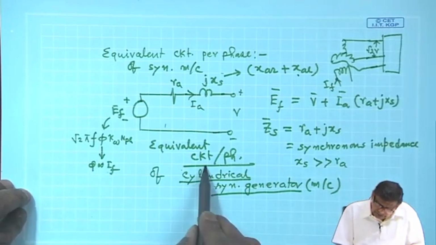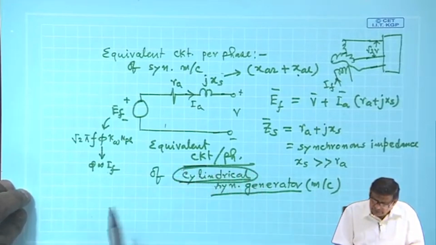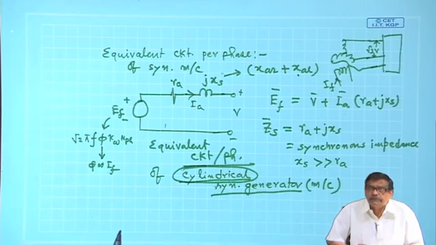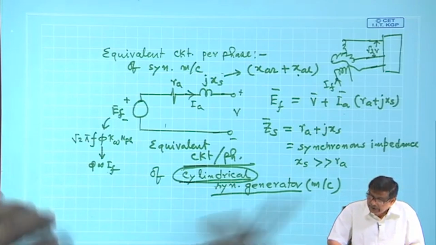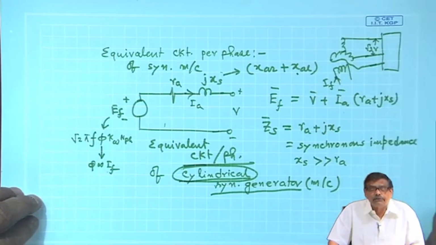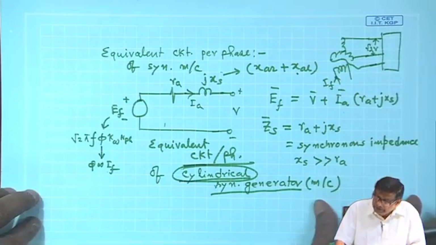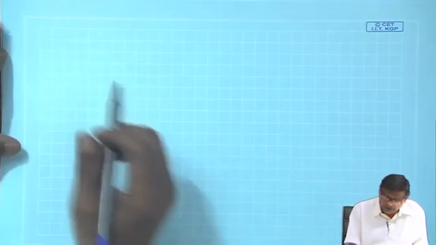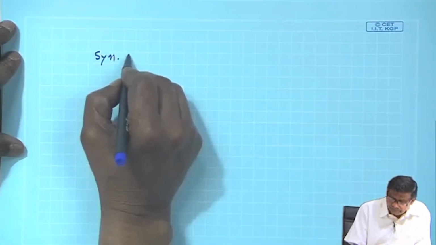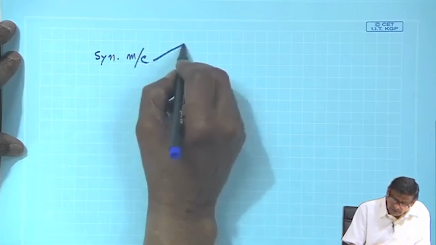Now, I have used the term cylindrical synchronous machine. What does it mean? It means there are actually two types of synchronous machine. Let me write it. Presently I am talking about a synchronous machine that may be of two types.